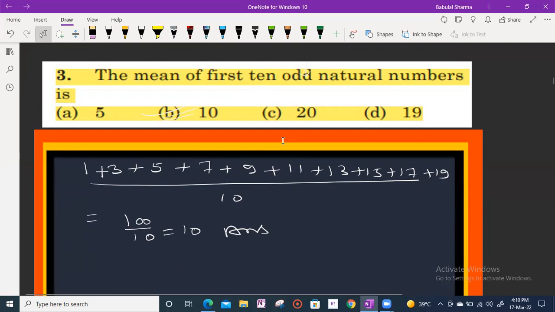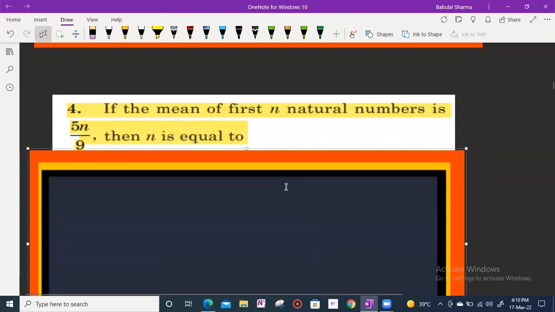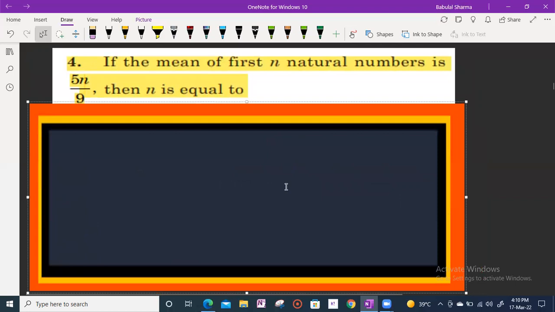Now we come to the next question, question number 4. If the mean of the first n natural numbers is 5n by 9, then what is the value of n?